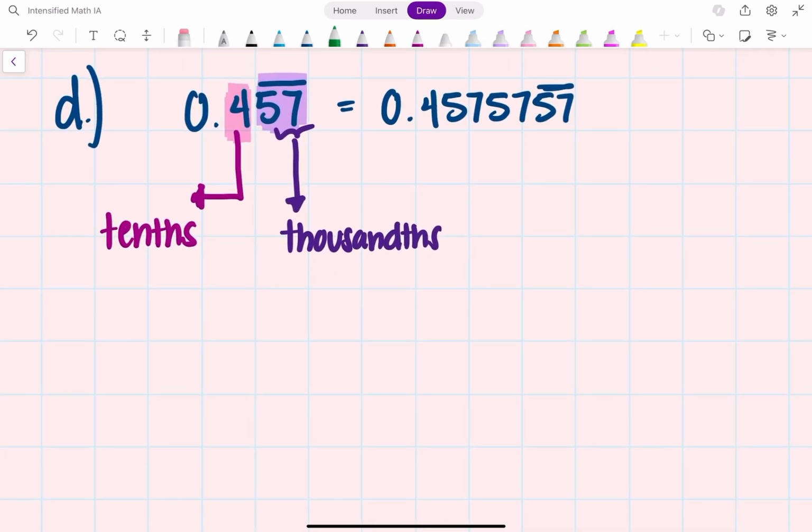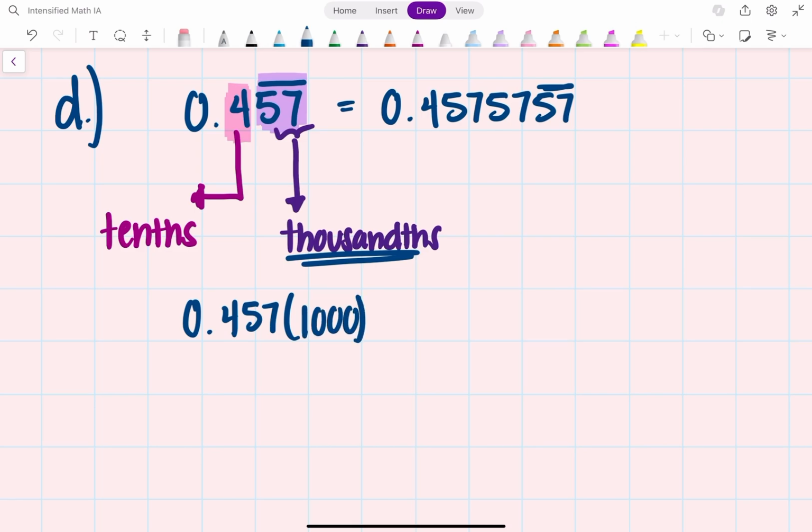Let's start off with 0.457, and I'm going to multiply this first one by 1,000.